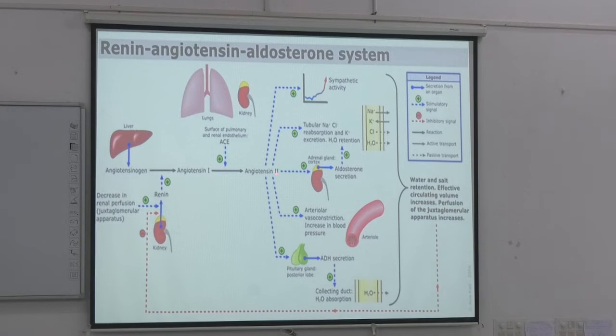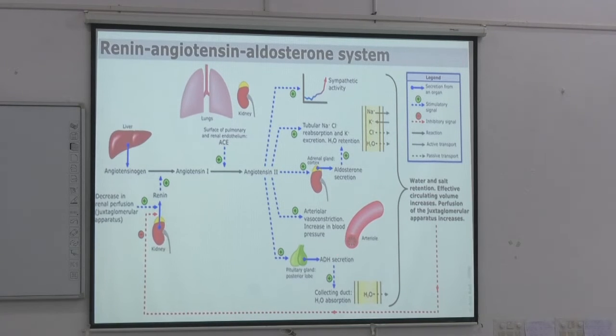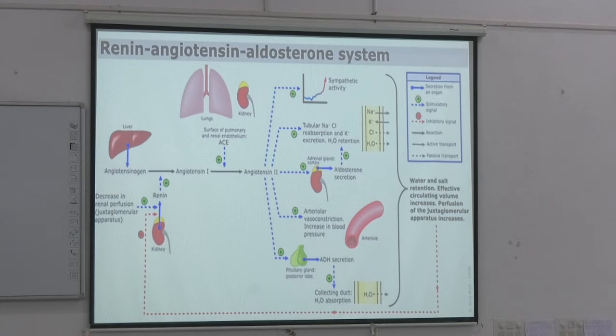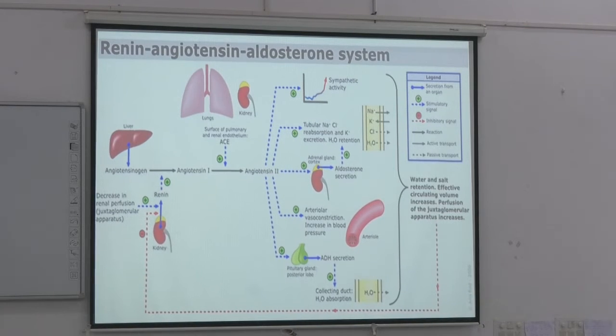Okay, and this can act on the kidney portion to maintain the water electrolyte balance through the tubular reabsorption of sodium and water. So ultimately it is an important factor. You all read this in detail if you want. One of the important factors.